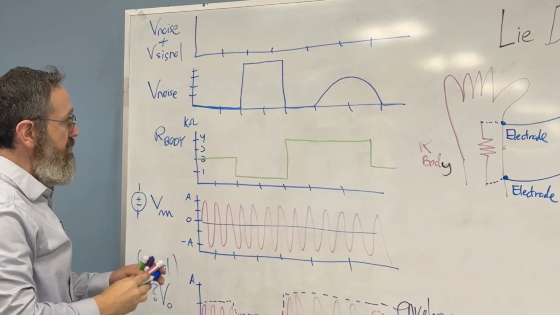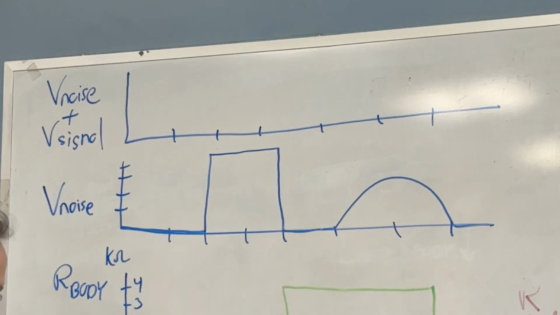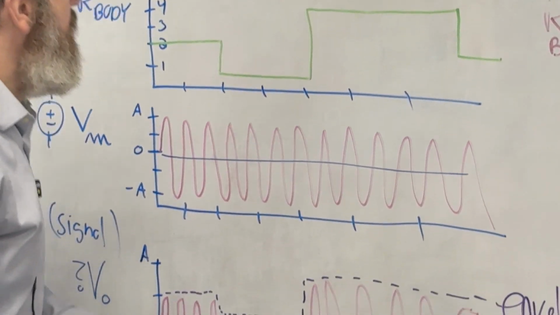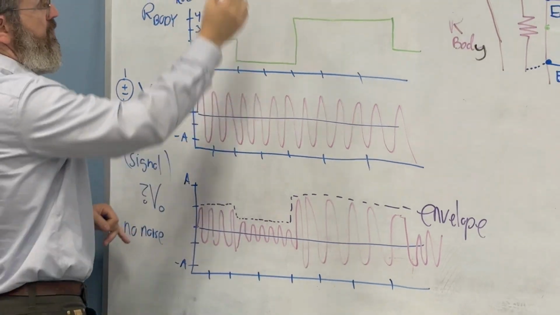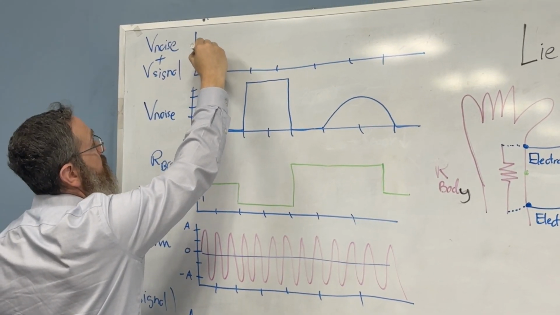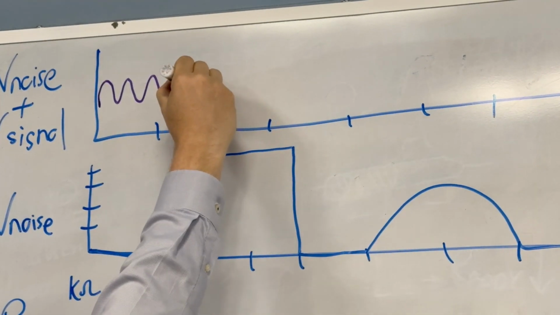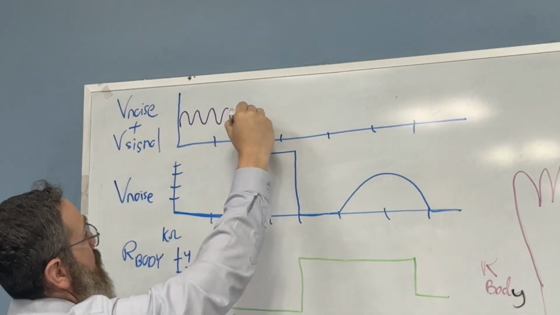Let me use this color. It's going to look like this. It's going to be this plus that. So it's going to look like this. So I'm drawing a medium-sized wiggle, and then it's going to jump up here.